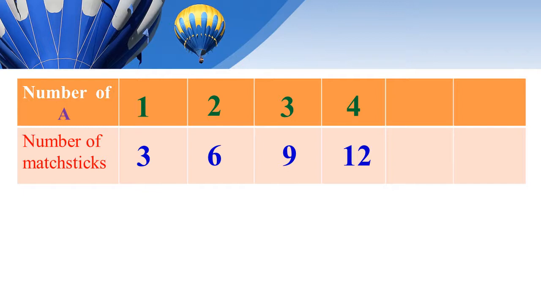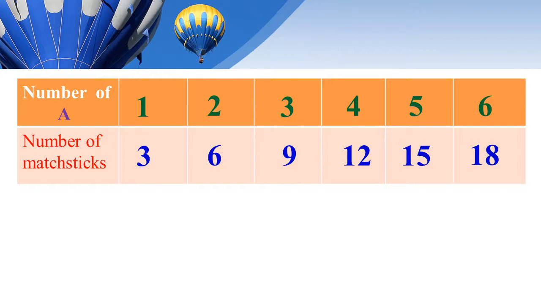Let us find how many matchsticks there will be in the fifth shape. The fifth shape will have 15 matchsticks. Let us find the number of matchsticks in the sixth shape. The sixth shape will have 18 matchsticks.